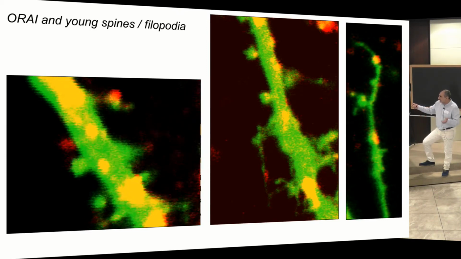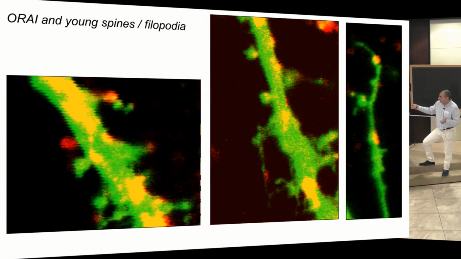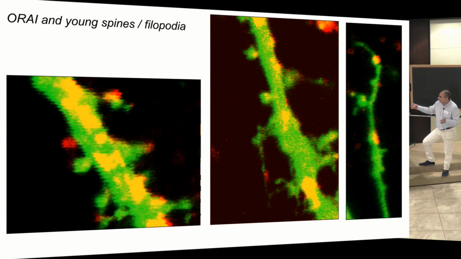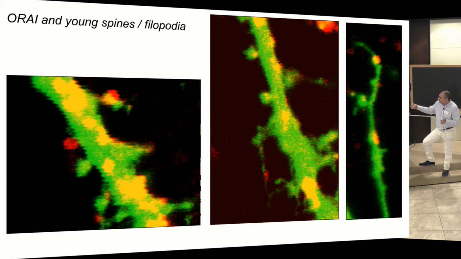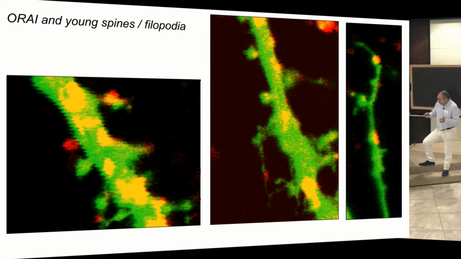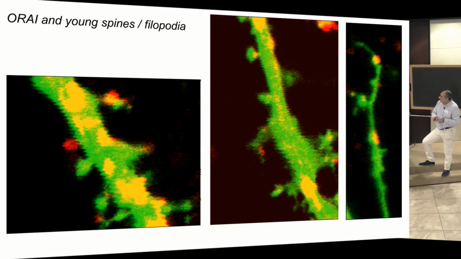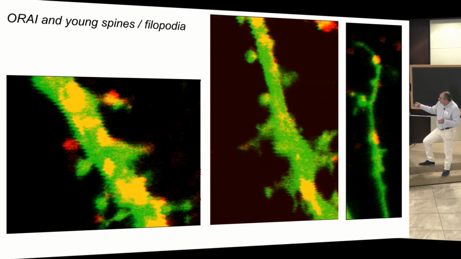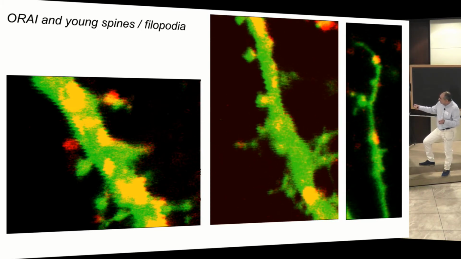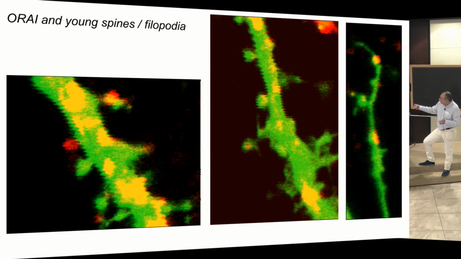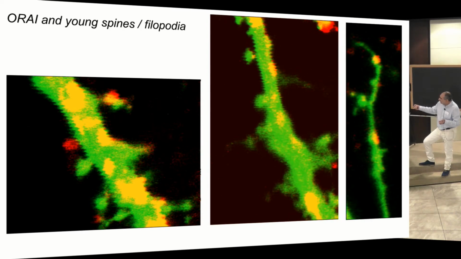Yeah, sometimes it goes out of focus, of course. What can we do? I mean, this is very tiny. You see, ORI right at the edge. And for this guy, pay attention to this one, to here and to here maybe. You see, ORI is right at the edge, the very edge of the spine.